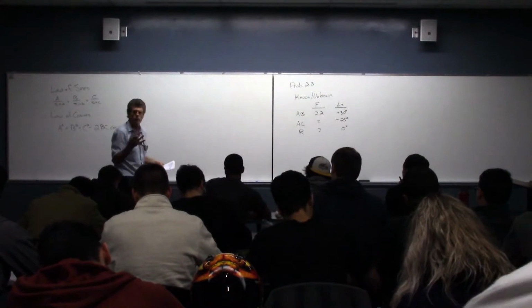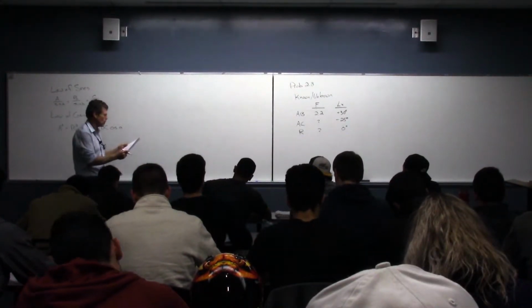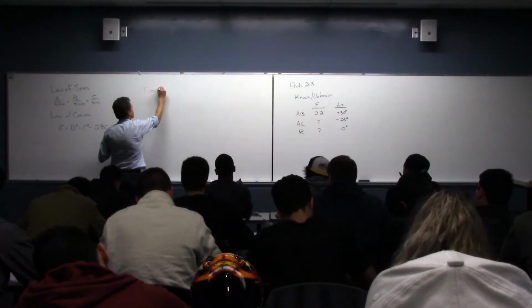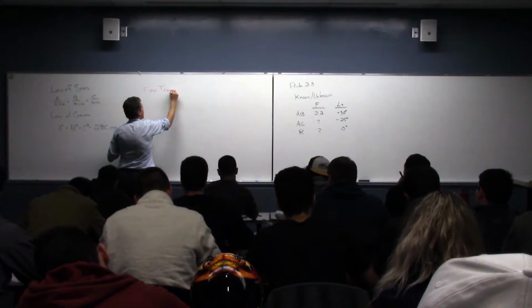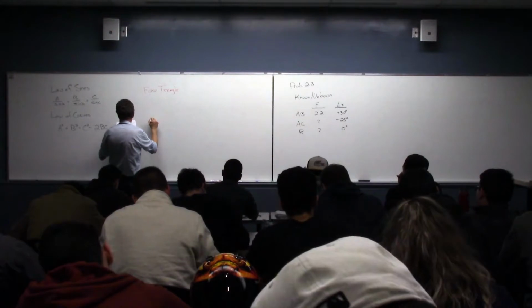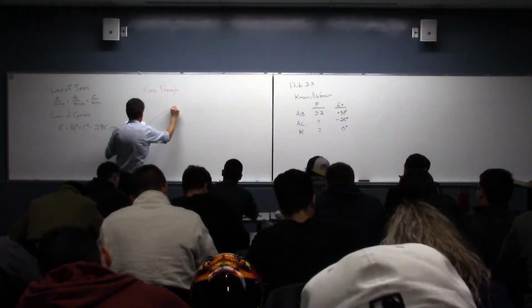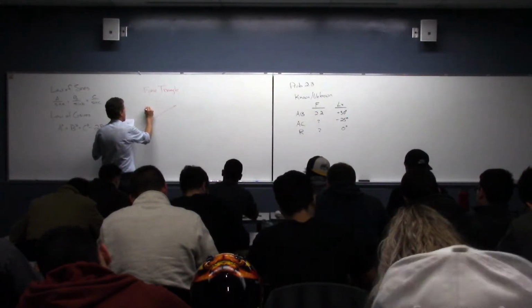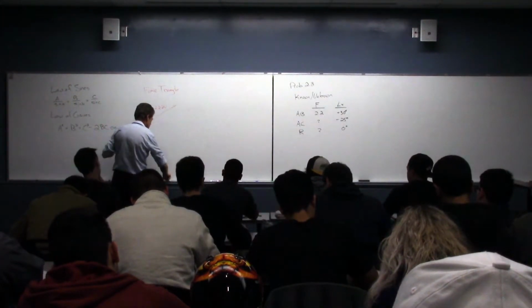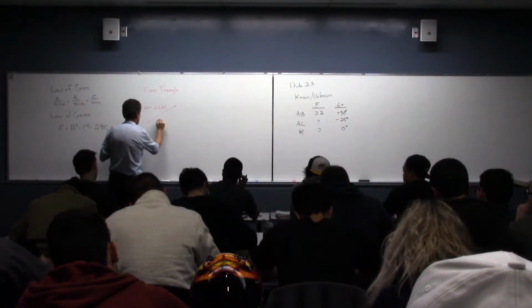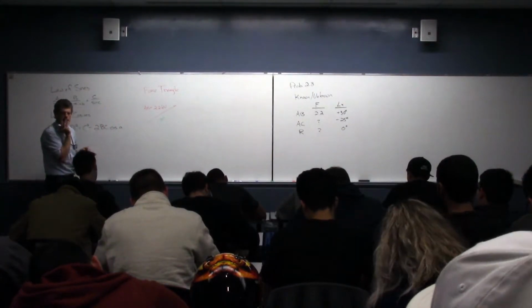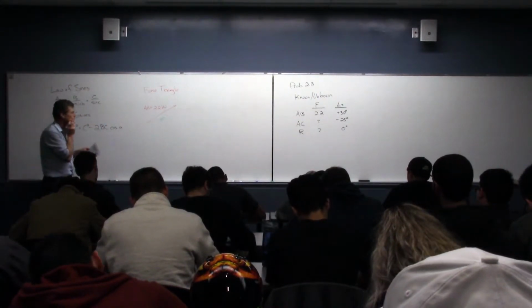So first thing we're going to do is draw the triangle. Look at the angles and see what we have. Okay, so our first one, our AB, is going to be at 30 degrees with the horizontal.